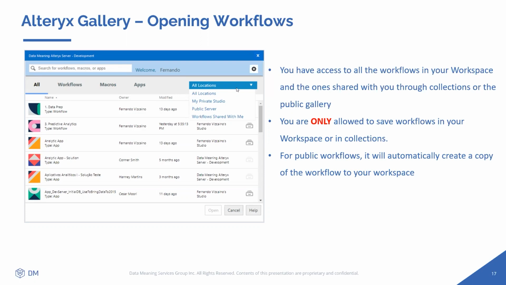But when you publish that back to your gallery, you will be creating a new copy of that workflow. So for you to create a new version of that workflow, it would need to be in your workspace or in a collection that was shared with you, okay?